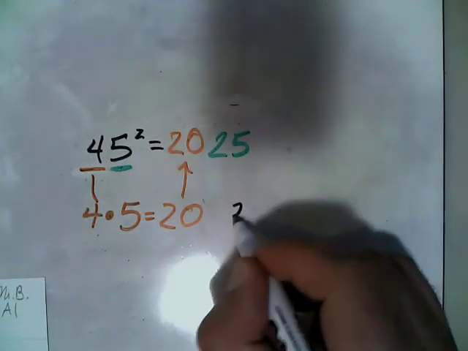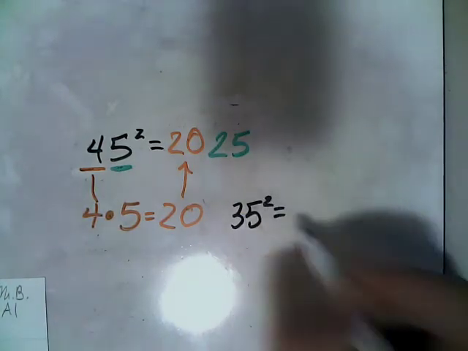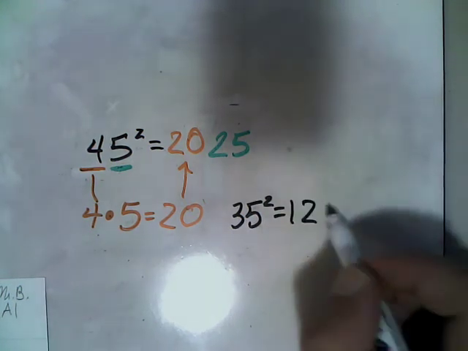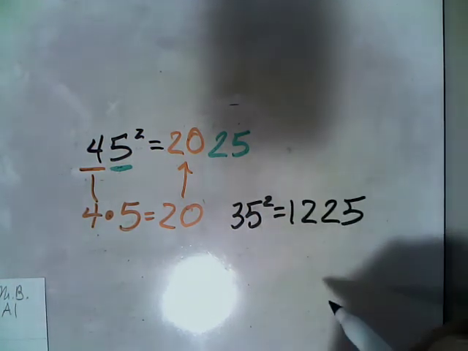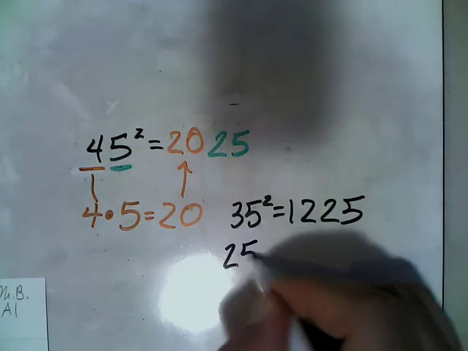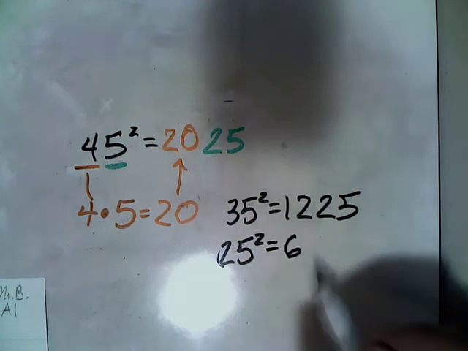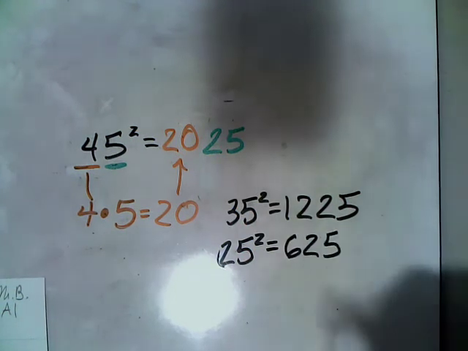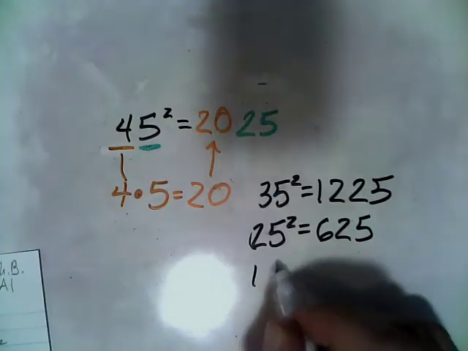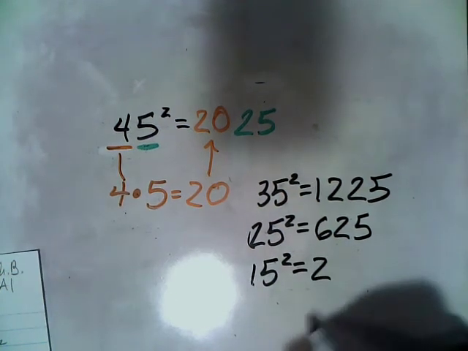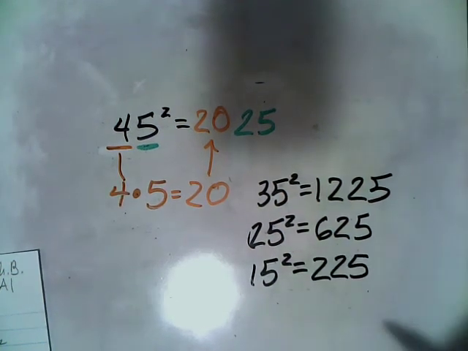So if I had 35 squared, 3 times 4 is 12, and it'll end in a 25. If I have 25 squared, 2 times 3 is 6, and it ends in a 25. If you want to do 15 squared, 1 times 2 is 2, and it ends in a 25.